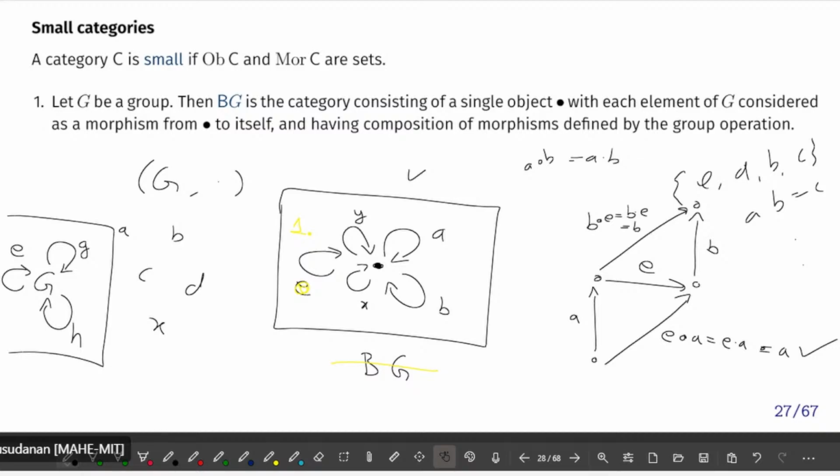That group, that is what this is something.